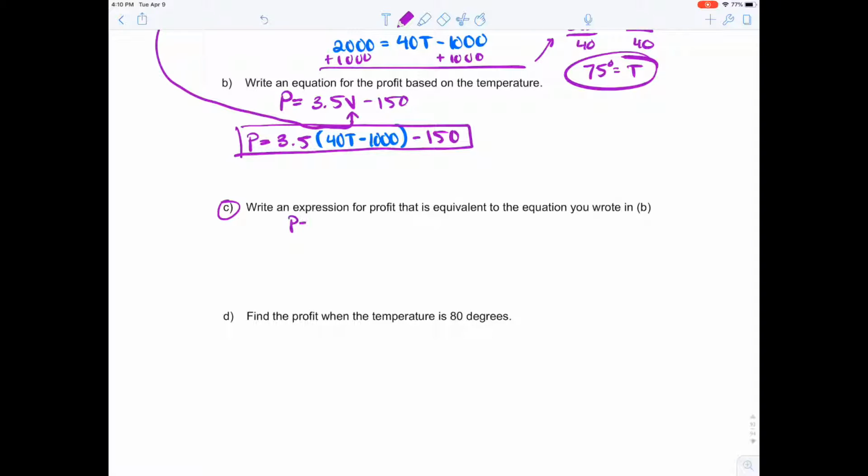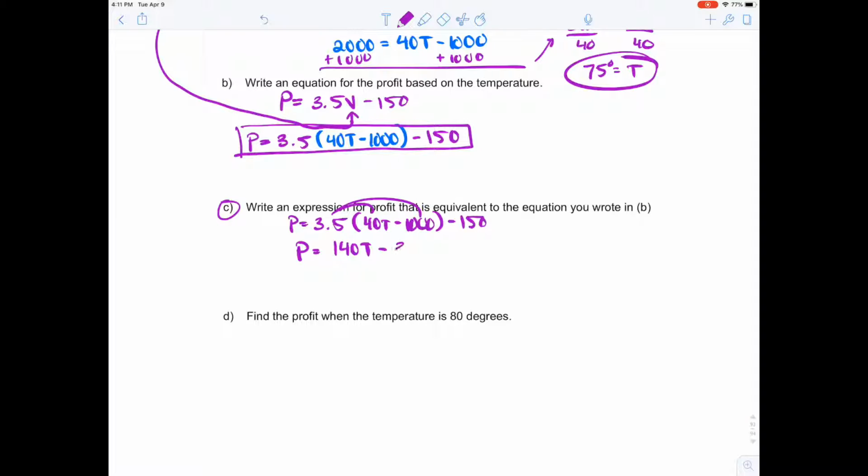Okay, so we're going to simplify this. So I have P equals 3.5 times (40T minus 1000) minus 150. Okay, so I'm going to distribute this 3.5 to both of those terms. So 40 times 3.5 is equal to 140. So now I have P is equal to 140T minus, let's see, 1000 times 3.5, I believe is 3,500.